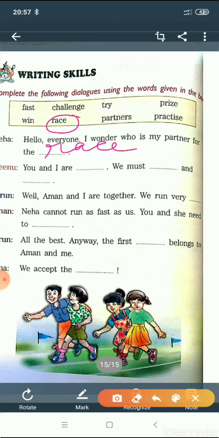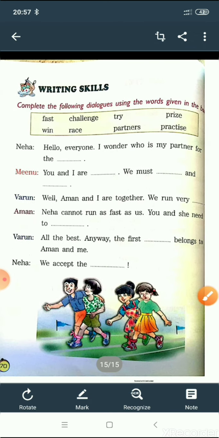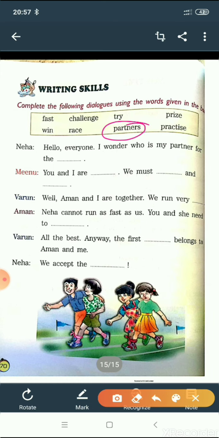Then second is Meenu. Meenu is saying, you and I are partners. We must try and win.